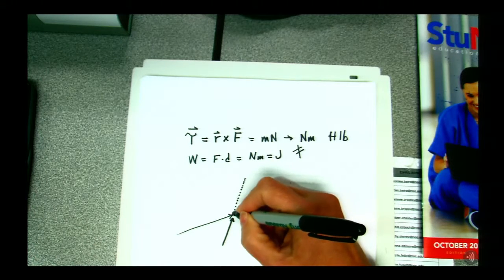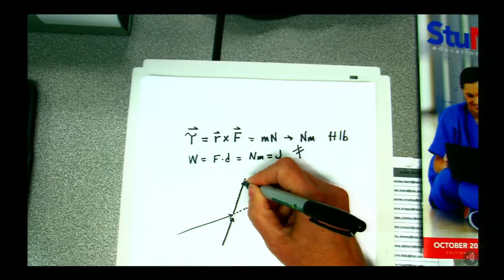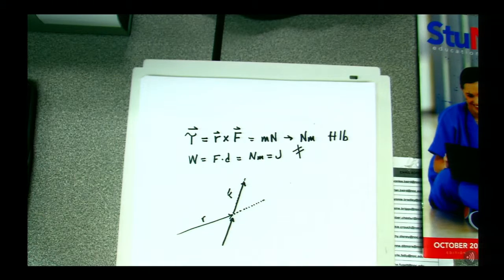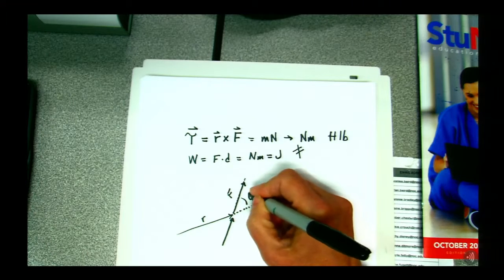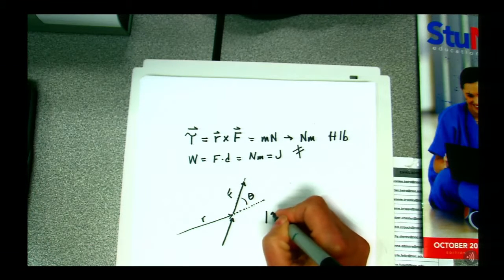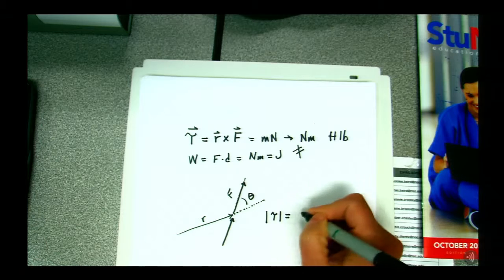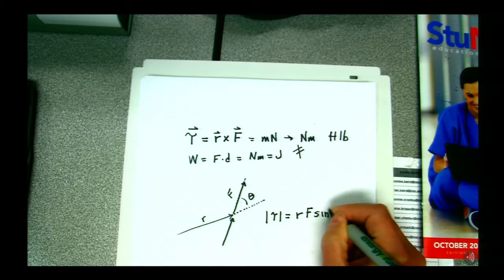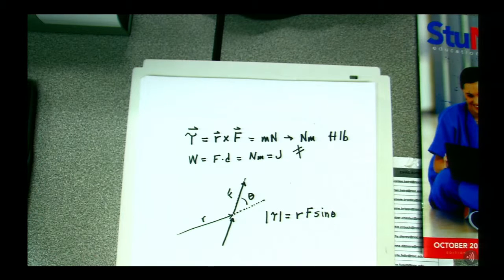And if I move this force along this line of action, this is going to be my force, and this is my R vector. This angle right there, I can look at the magnitude of the torque, is going to be RF sine of the angle. That's going to give me the magnitude of the torque that's being applied.